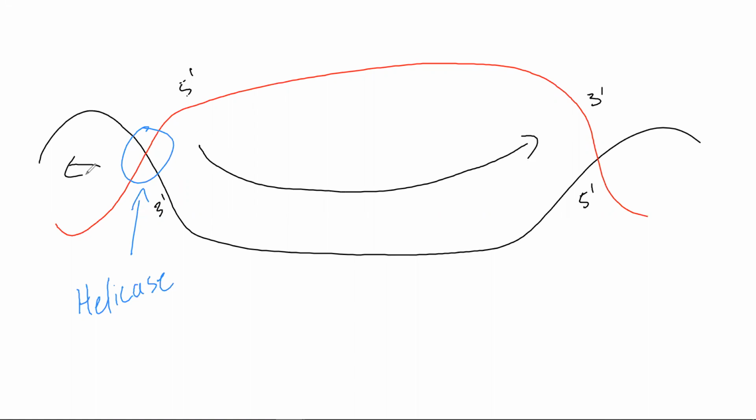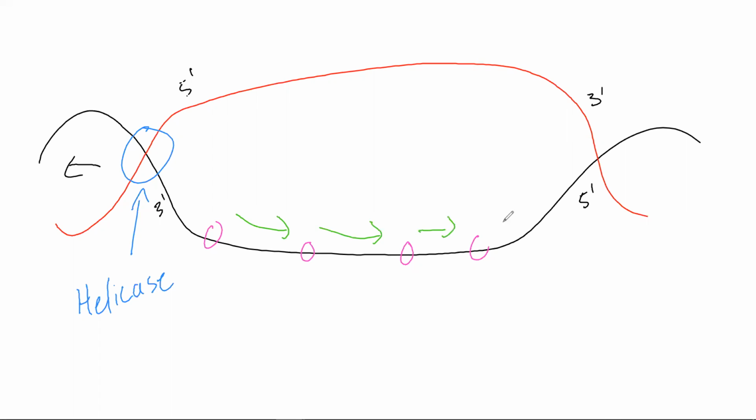But that means I would need to add more RNA primers, right? Which means primase has to show up here, here, here, here. And instead of replicating in one continuous motion, DNA polymerase has to replicate in chunks. You'll have to do that, and that, and that, and that, right?